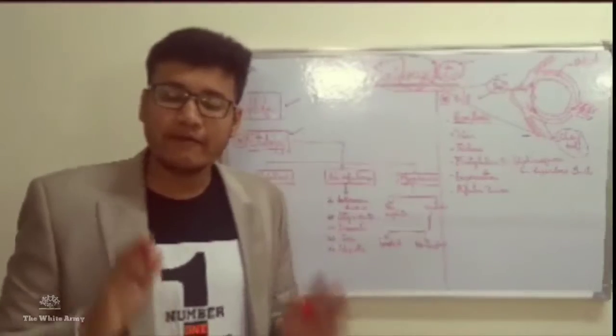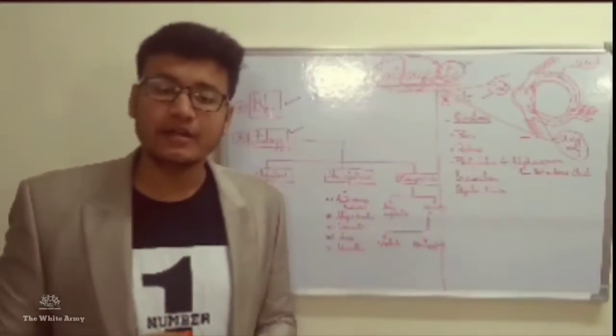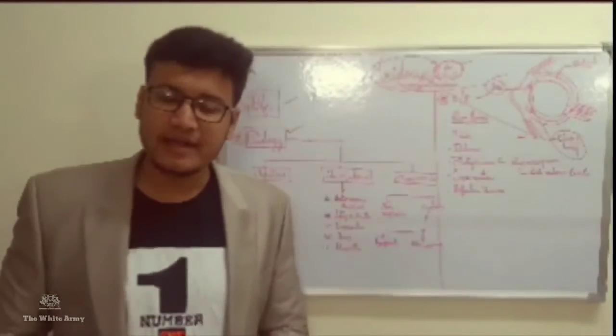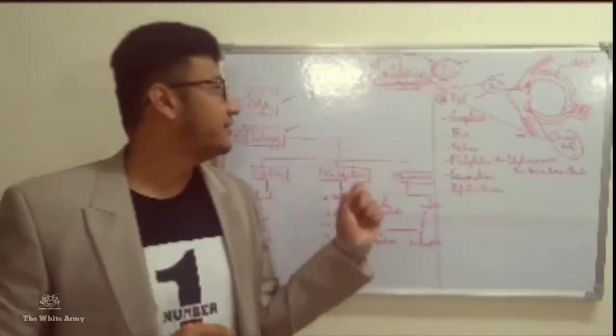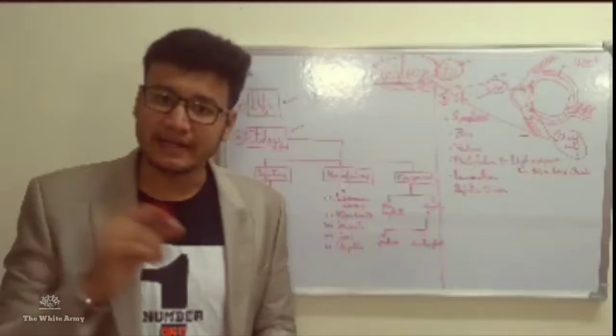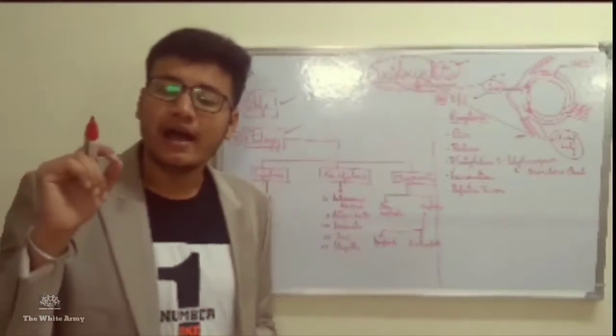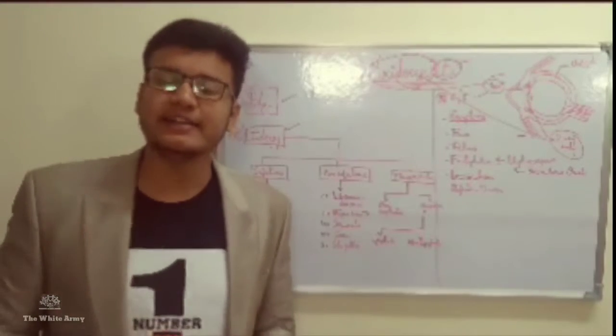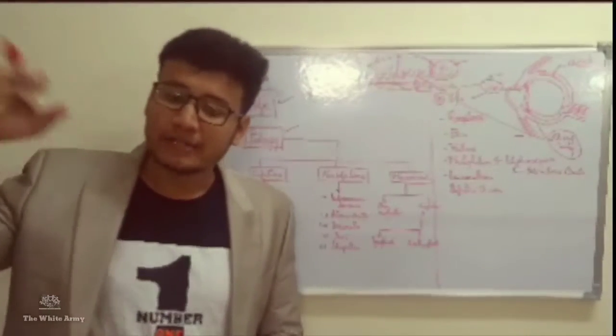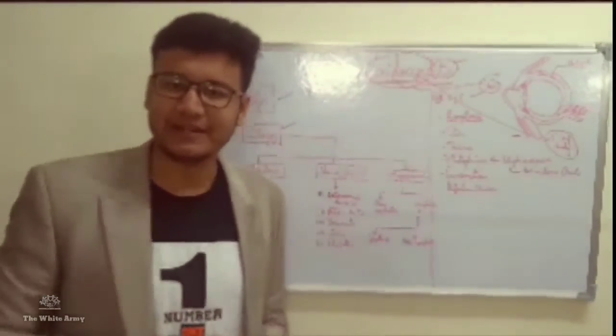I hope everyone is clear with the definition. Let me put it in a sentence: the inflammation of the iris and the ciliary body is collectively called iridocyclitis, which comes under the category of anterior uveitis in the pathological condition called uveitis.